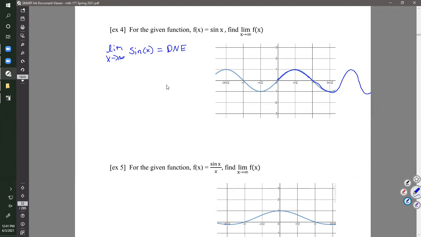And it does not exist since the y values jump from -1 to 1. It's always jumping back and forth. It's never settling down. It's like a little wild child. And you never calm down.